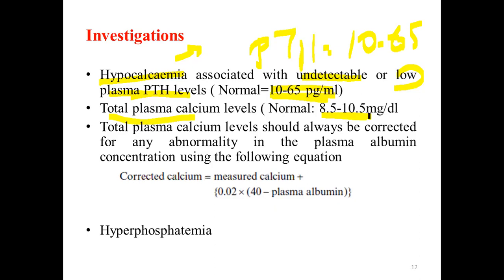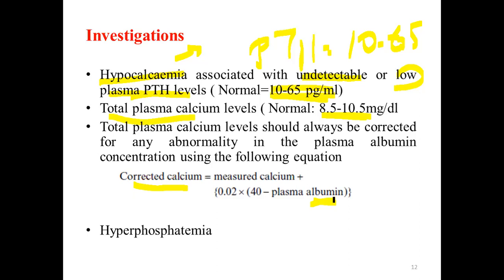Then, one thing to note when we are measuring the serum calcium level is that mostly the corrected calcium level is very important. Remember, more than 50% of calcium is usually bound to plasma protein. So if someone has any disorder associated with the liver or anything that can deplete the plasma level of albumin, the probability of having a low calcium level is very high because of that.